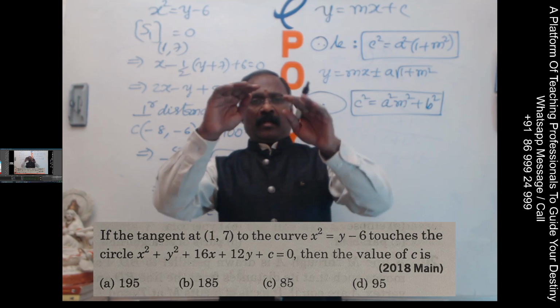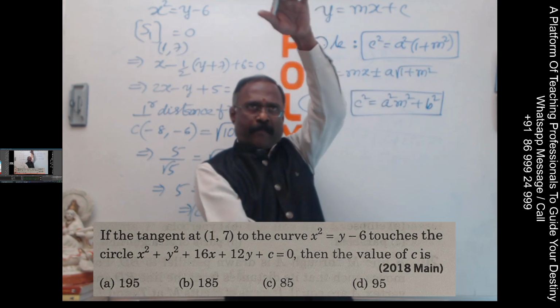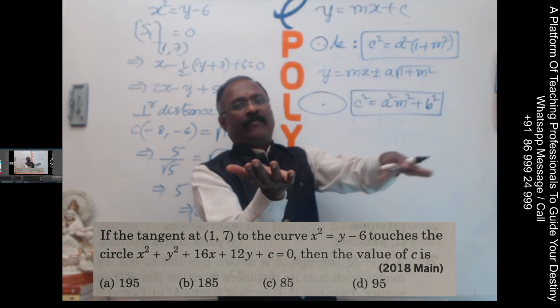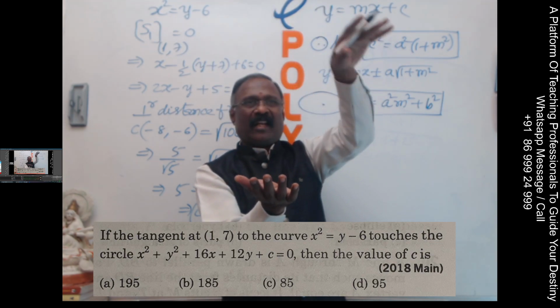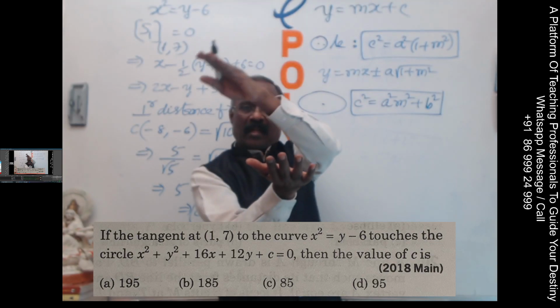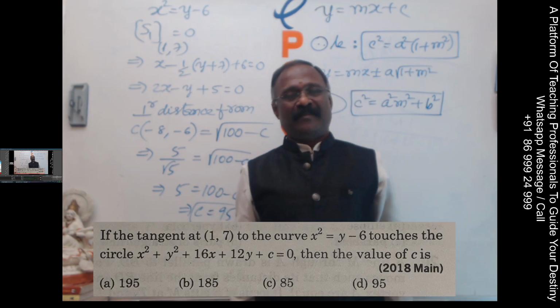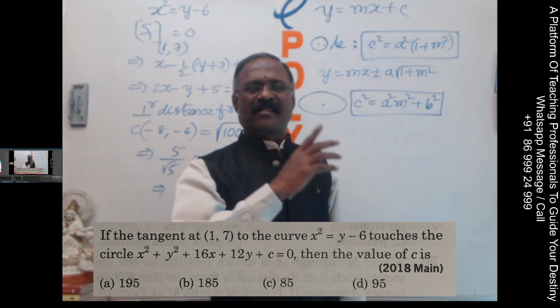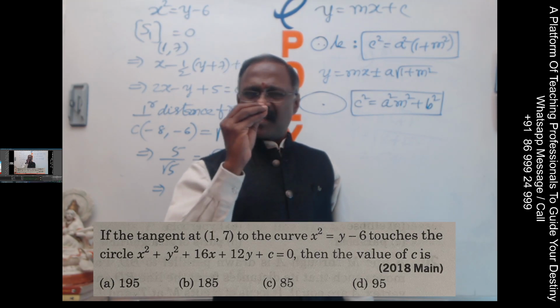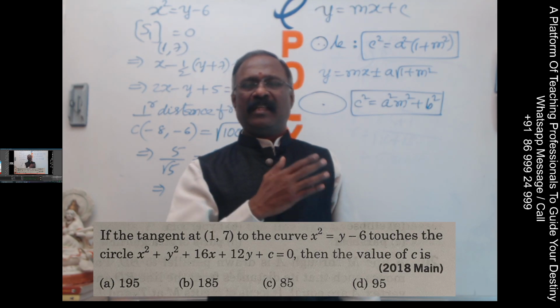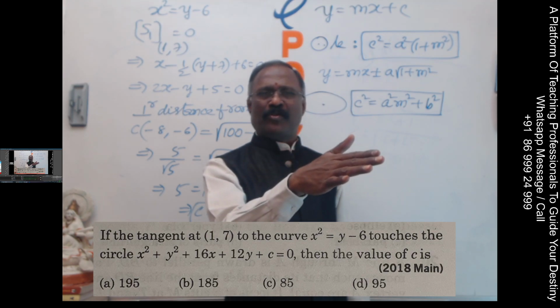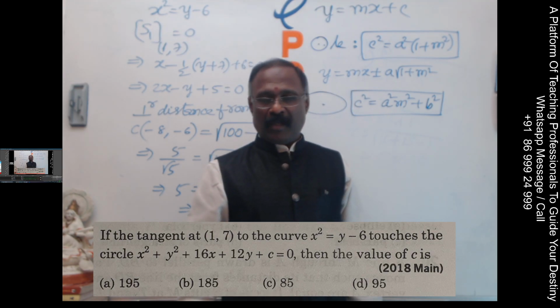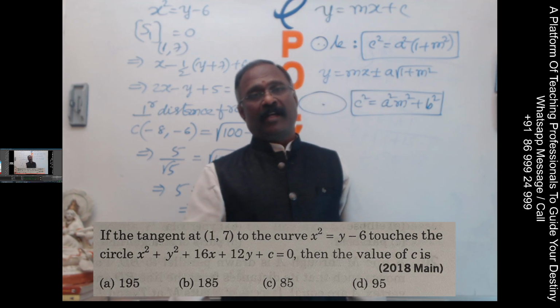Because this is a circle, and if you compress the circle, ellipse will be formed. That's what you have to understand. So that's the reason why whatever the conditions are there for a circle, they can be straight away transformed to ellipse and thereby to hyperbola.